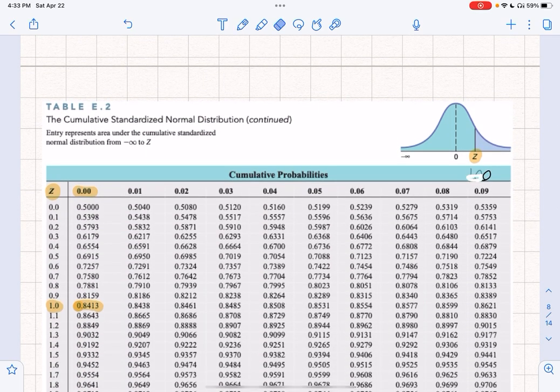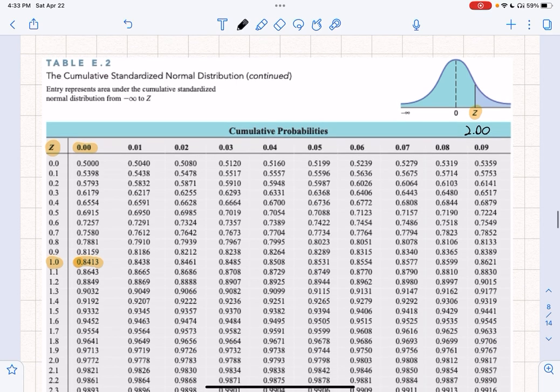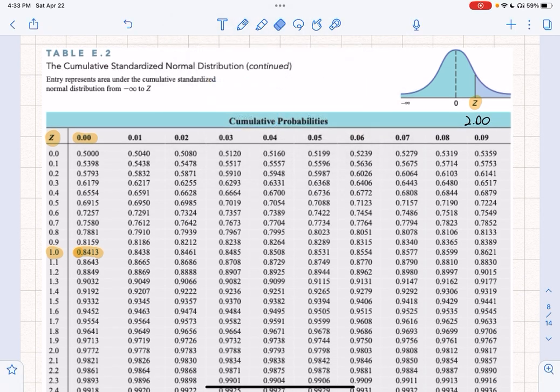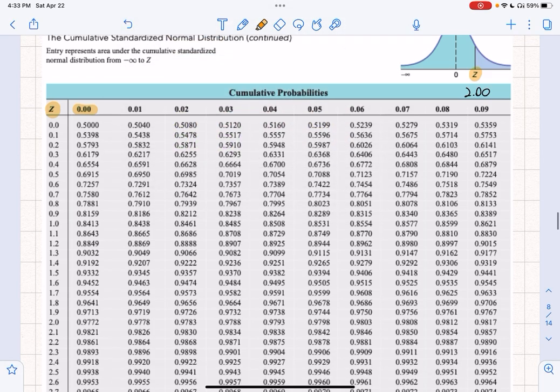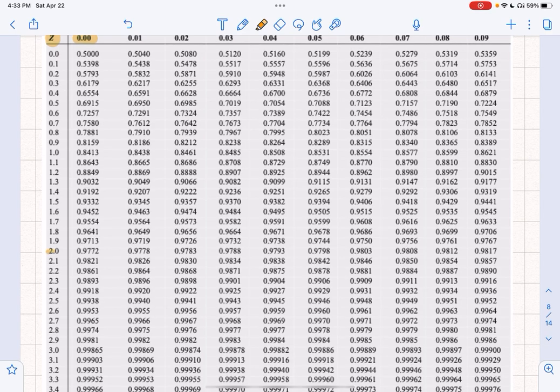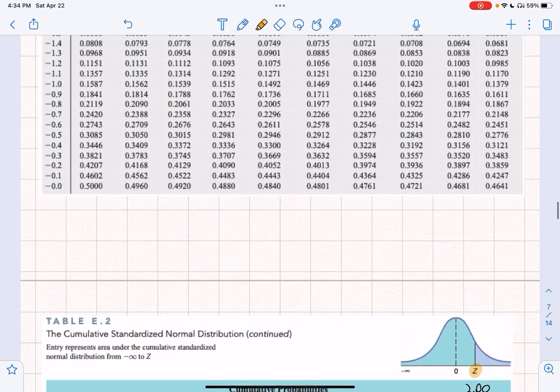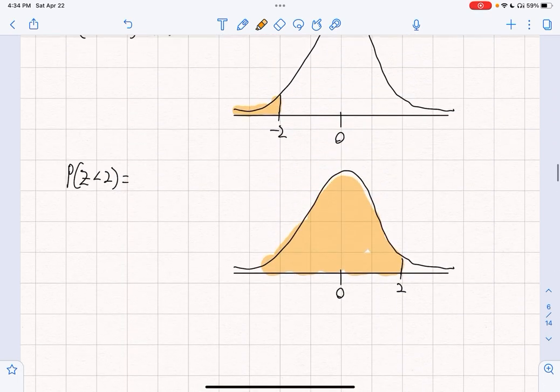So instead of 1.0, it is now 2.00. So instead of 1, we're now looking up 2. So 2.0 gives us 0.9772.